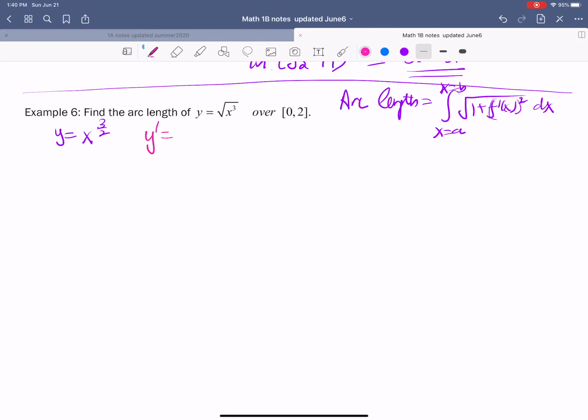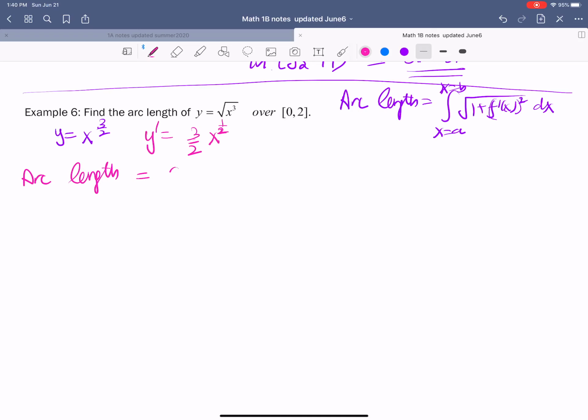And then y prime would be 3 halves x to the power 3 halves minus 1. 3 halves minus 1 is 1 half, right? So y prime is that. Okay, so plug everything into the formula.